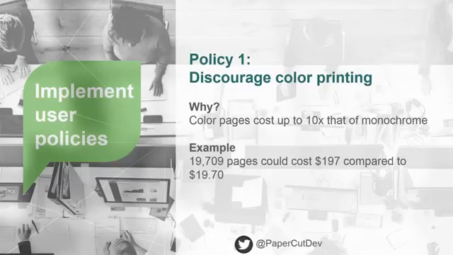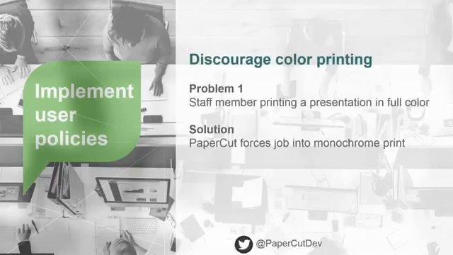An example that we've pulled out here is one of our reports on our live demo. You can actually have a live demo of PaperCut on our website. It shows that nearly 20,000 pages would cost you a couple of $100, and that's only per month, as opposed to $19.70. So it's an enormous saving, $170 odd, just by implementing this very simple feature that's very easy to use and discourages this most expensive type of printing.